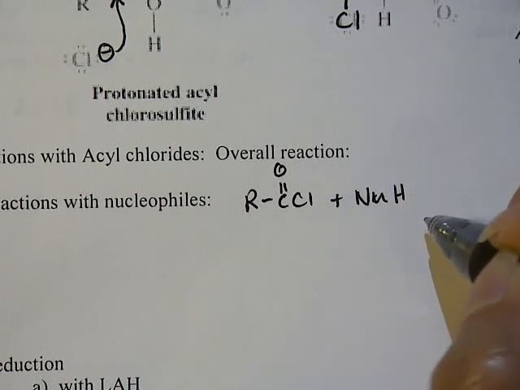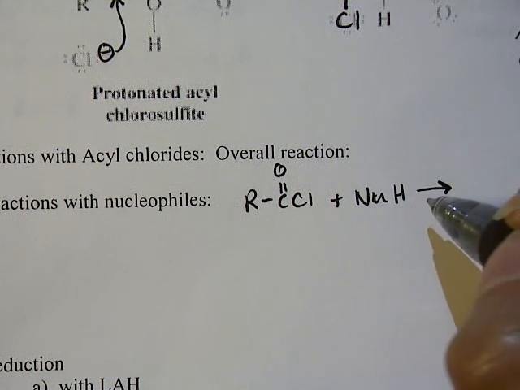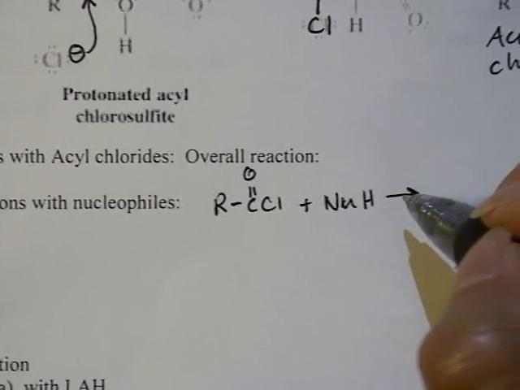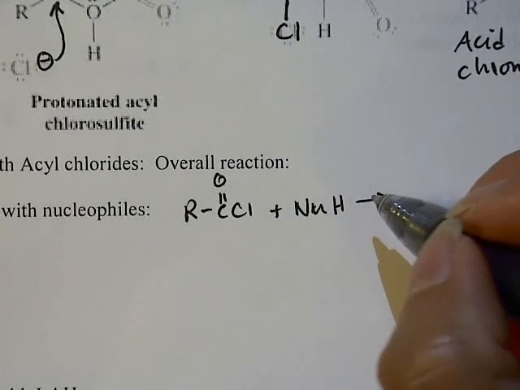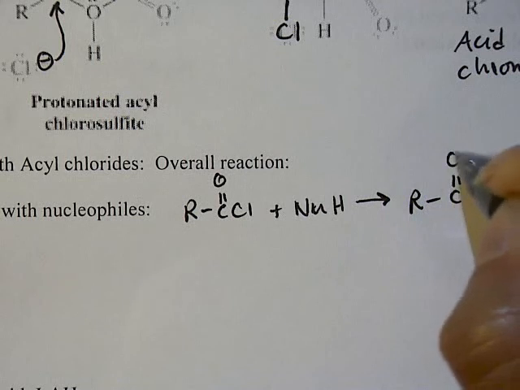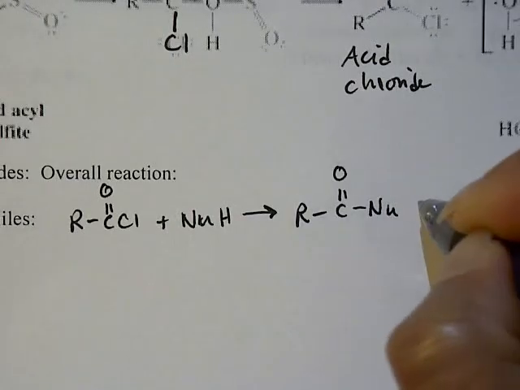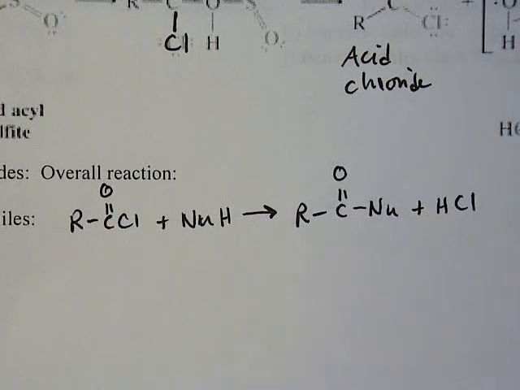Many of the examples that you're going to see are weak nucleophiles, because acid chlorides are so reactive that anything will react. All right, so you have C double-bond O and then Nu, which means that the byproduct is HCl.